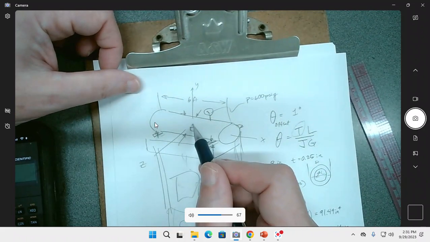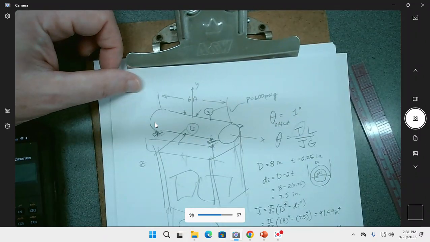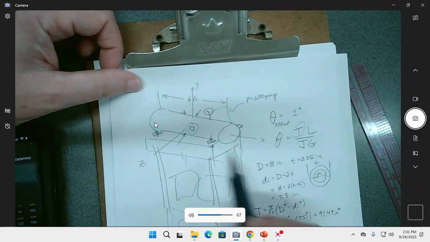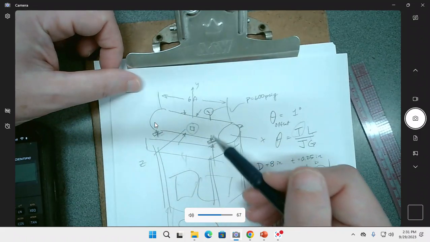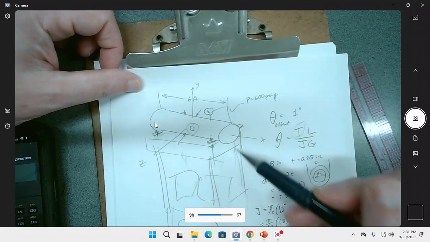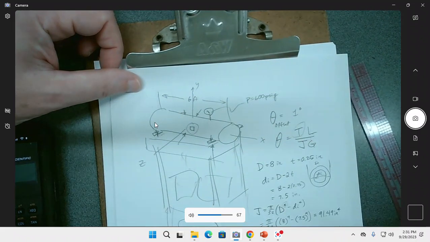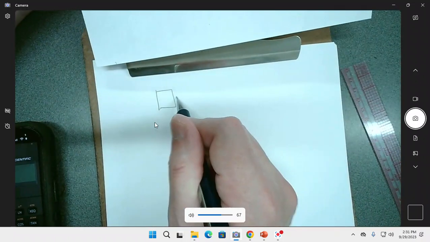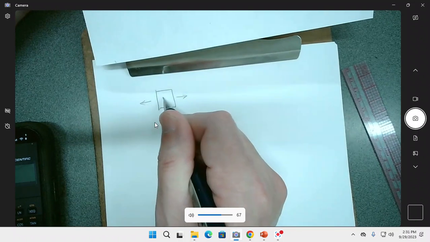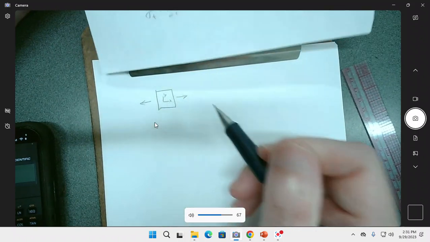So just to designate so we could, for the sake of getting a coordinate axis on there. But it doesn't actually matter on here because it's going to be any stress element that you took anywhere along this whole thing would have these stresses on it, right? There's not really any directionality except for the fact that this is going to be along the axial, right? So I'm going to make an X and Y right there.